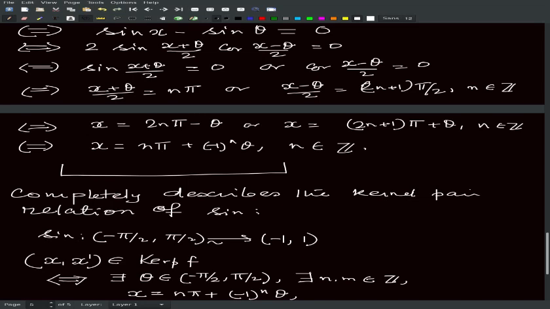So in the symbol, it is the kernel pair and the name of that function f. That's how we are denoting it. Is it clear?